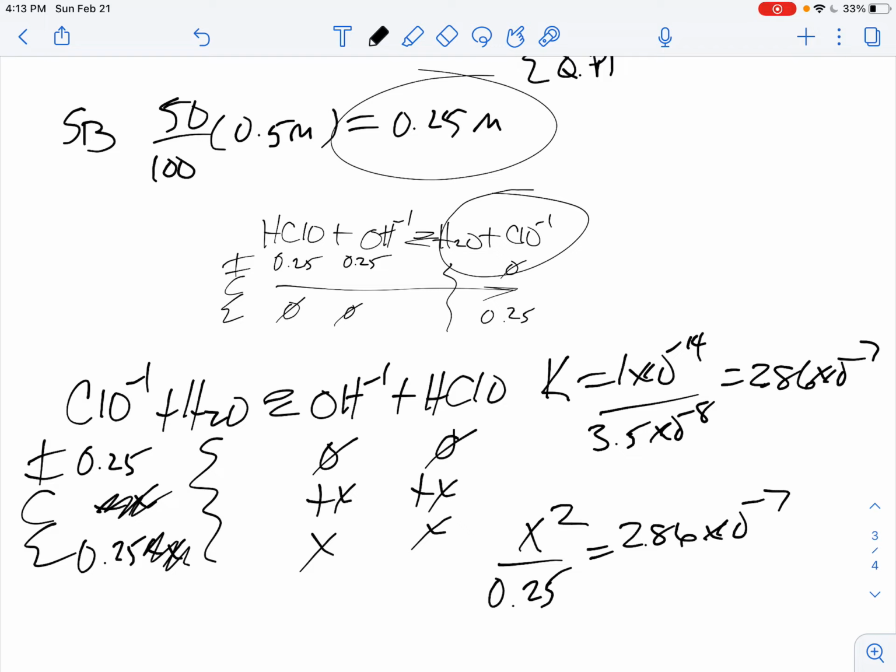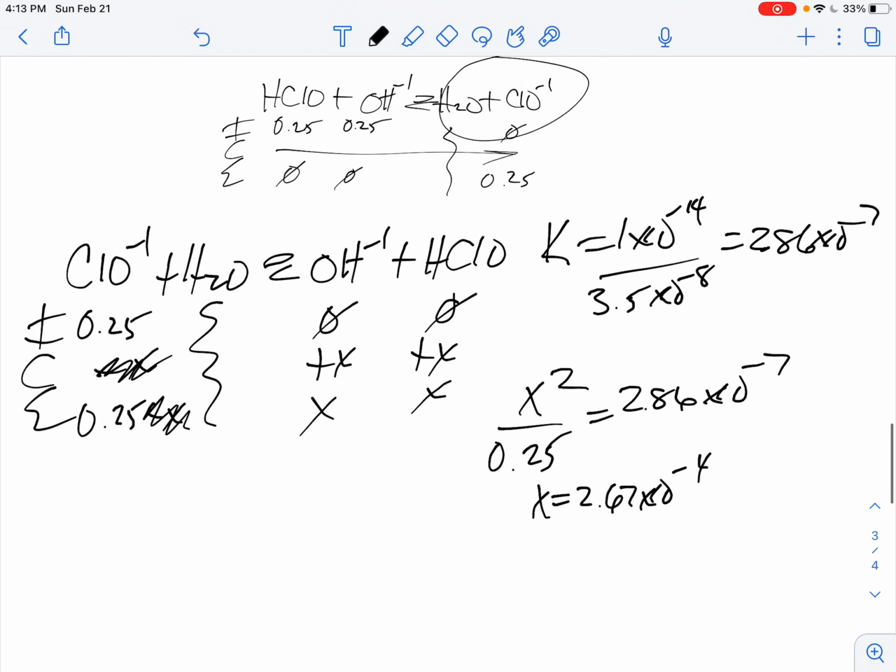So I'm going to take that and multiply it by 0.25, and then square root that answer, and I'm going to end up with an x value of 2.67 times 10 to the negative 4th. That's here. And remember, x is my OH that's here.